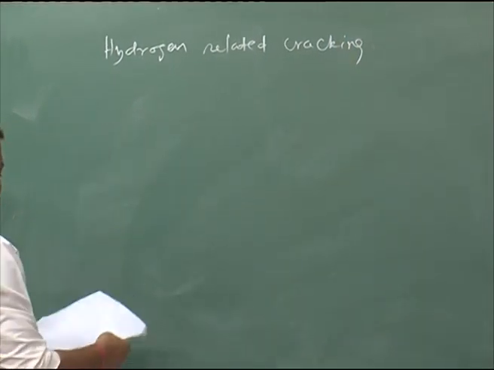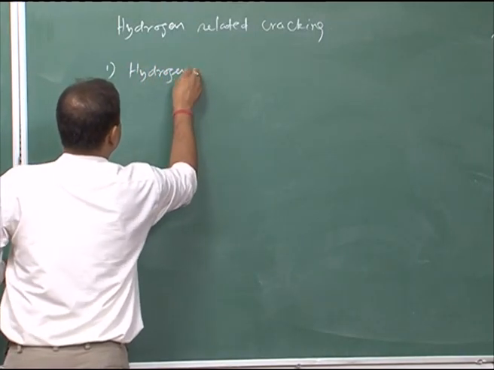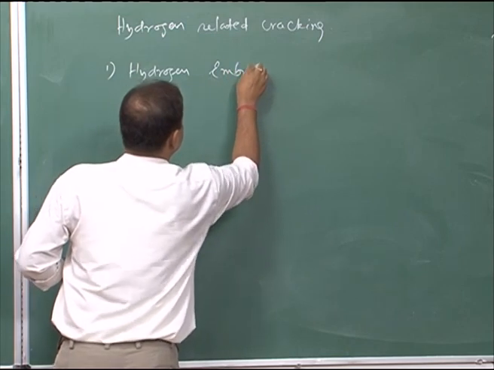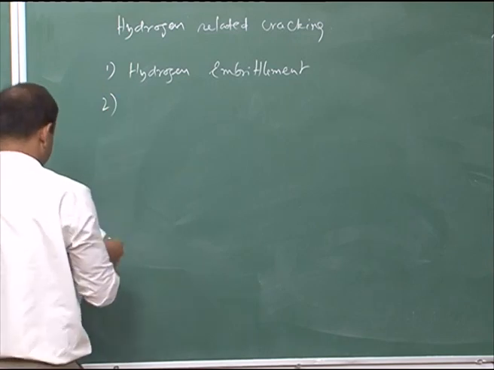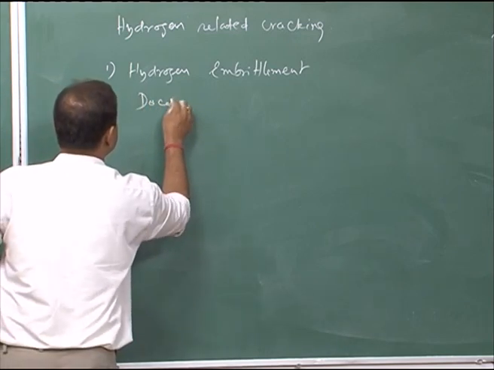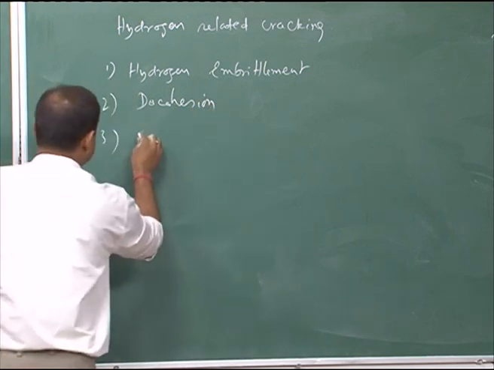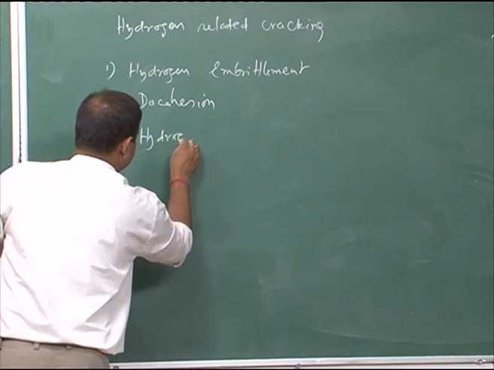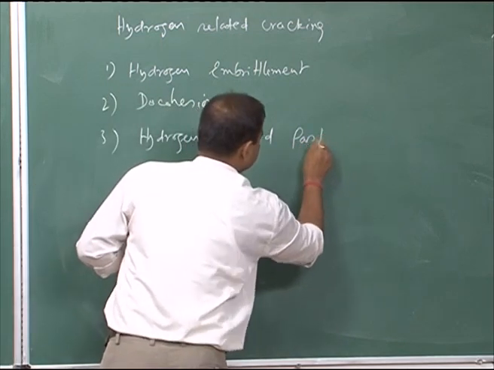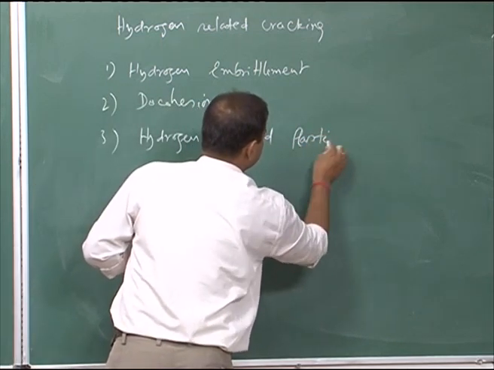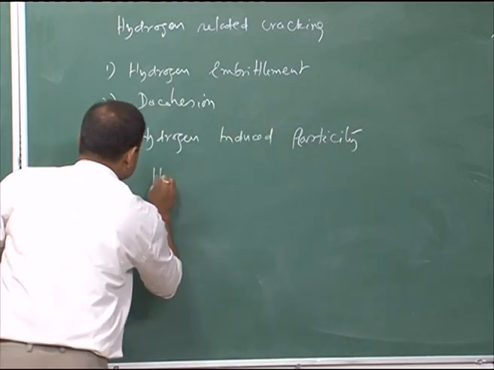In that section, you can have hydrogen embrittlement, then you can have decohesion, then hydrogen induced plasticity, and then the fourth one, hydrogen blistering.